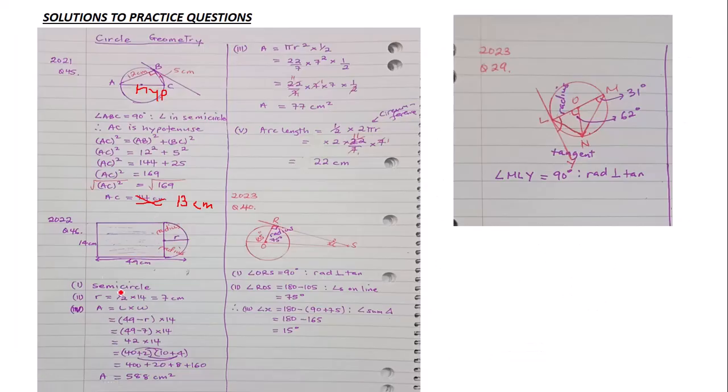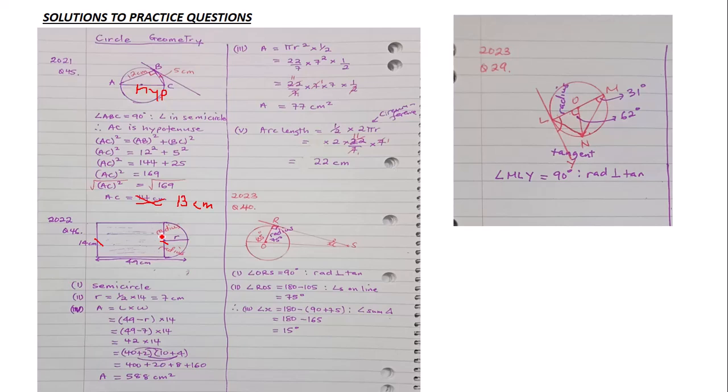So as you can see, the full length of the composite shape is 49 centimeters, and the width is 14 centimeters. Take note, in a rectangle, opposite sides are equal, so this side is equal to this side, which means from here to here it's also 14 centimeters.